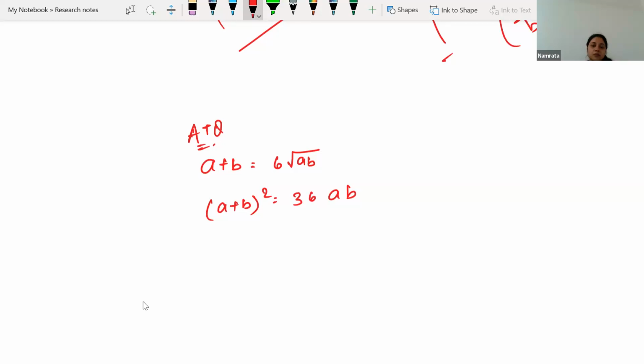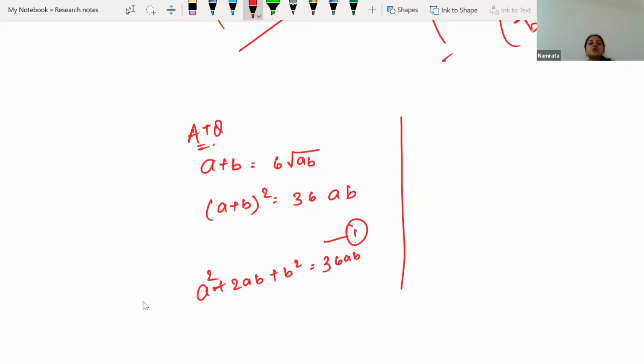Yes, ma'am. Okay. So this is one of the equations we are having. If we try to solve it, we get a square plus 2ab plus b square is equals to 36ab. Okay, let's keep it as it is. If we feel the need of solving it, we will solve it. Now we know a formula that a minus b whole square is equals to a plus b whole square minus 4ab.